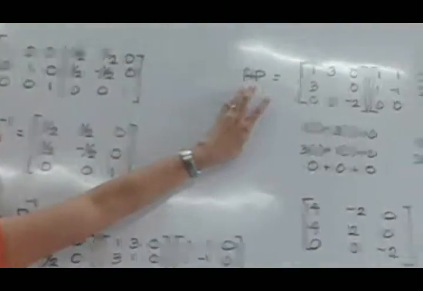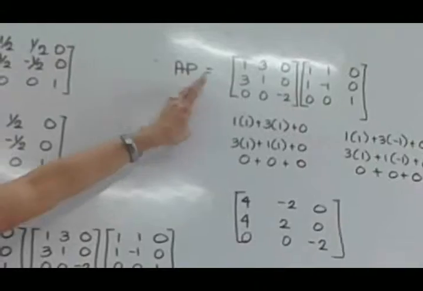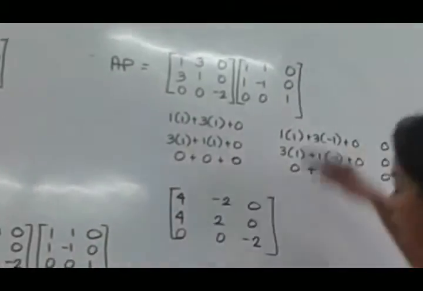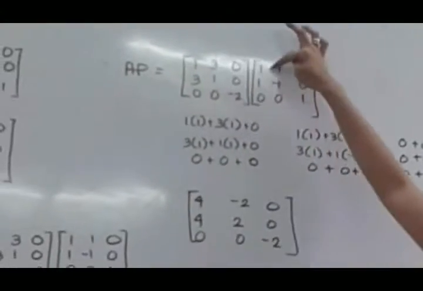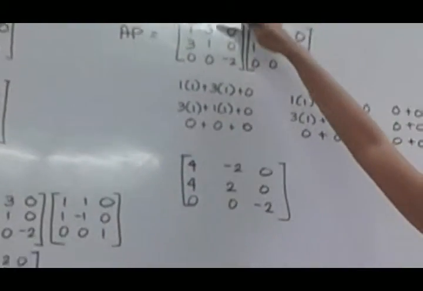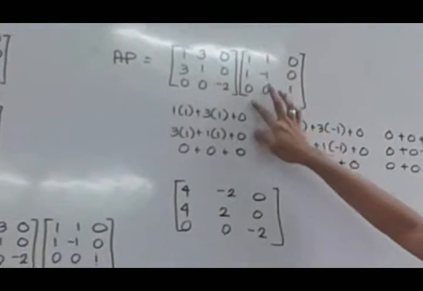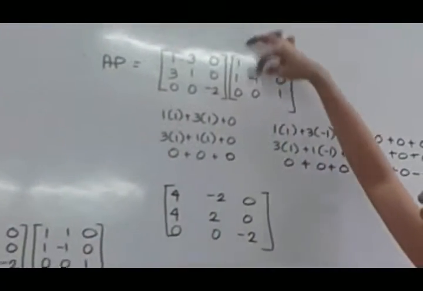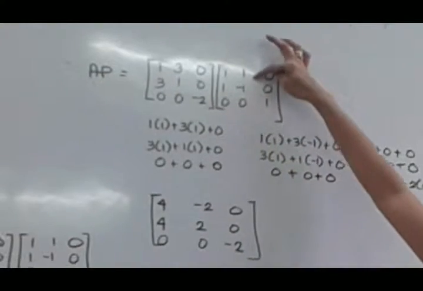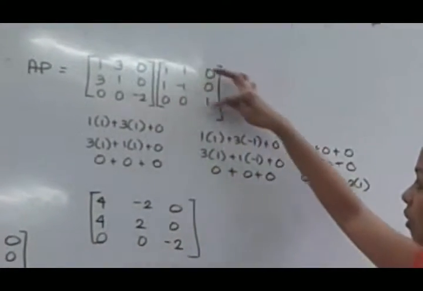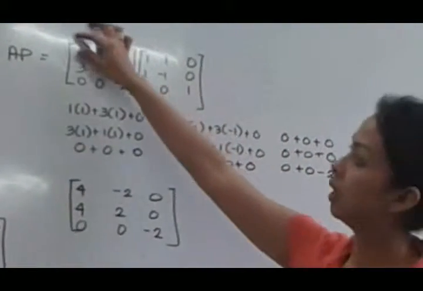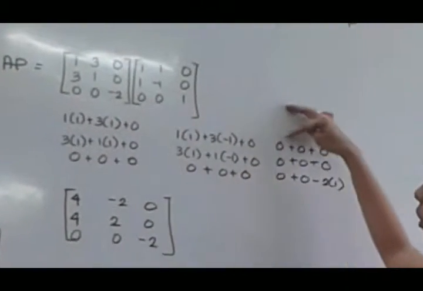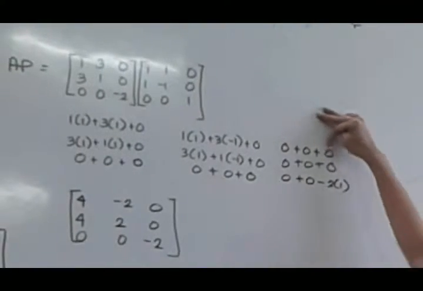Next step is to have the product of your matrix A and matrix P. So, I have the product, row by column entries. So I have 1 by 1 plus 3 by 1 plus 0 by 0. Next, first row, second column, I have 1 by 1, 3 by negative 1, and 0 by 0. Next, first row, third column, so I have 0, 0, 0.